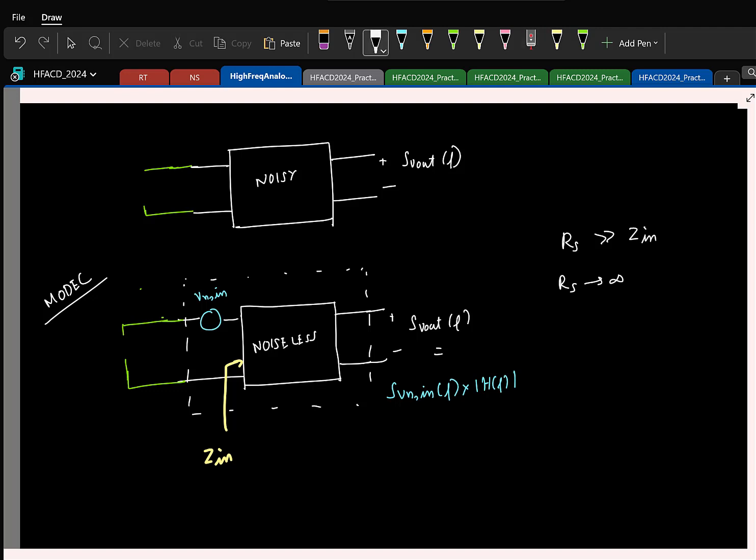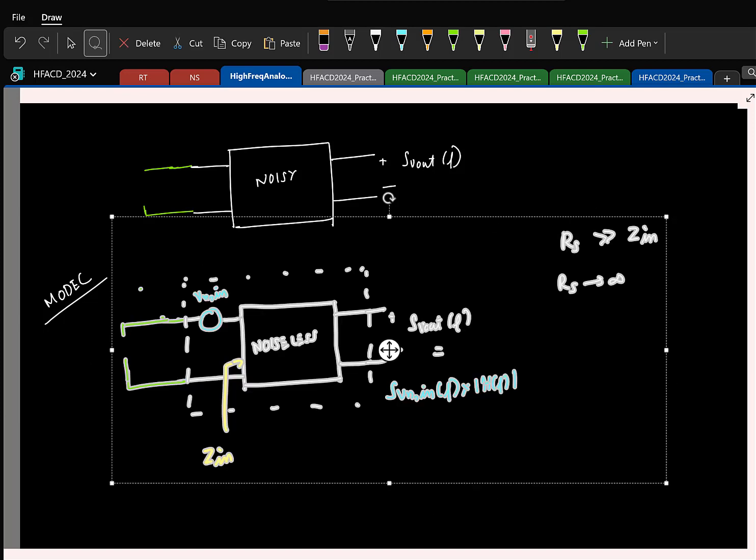But for the other case, it appears that this voltage source alone is not enough to capture what's happening in my actual network. In the actual network, noise is still getting generated. You will still see some noise. But our model is not able to capture it in the case where Rs is very large. Is it clear? So this is a problem, and the fix to that is pretty simple. Let me just move to the next page.